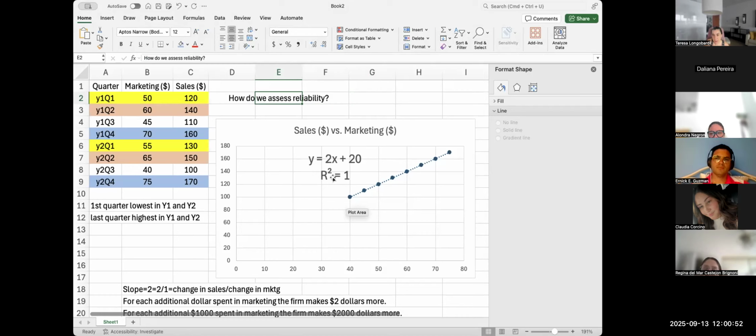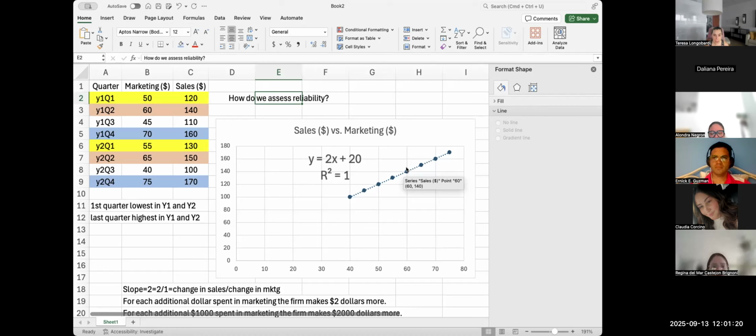It's reliable because it's a perfect relationship for the prediction. Now there might be other factors that are being captured here, but whatever it is, it's captured, right? Like we're actually capturing with that marketing measure. It's a proxy for anything else. Marketing is driving sales.